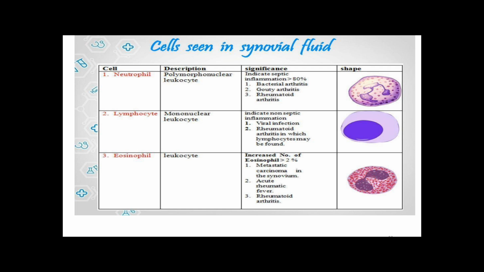During acute rheumatic fever you can see a high number of eosinophils, and in rheumatoid arthritis you can also see eosinophils. So from this slide we can conclude that in rheumatoid arthritis you can see neutrophils, lymphocytes, and eosinophils, right?